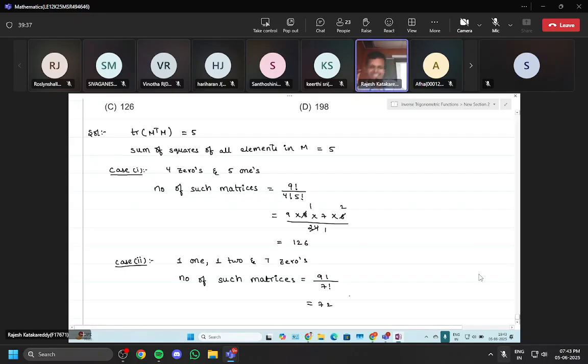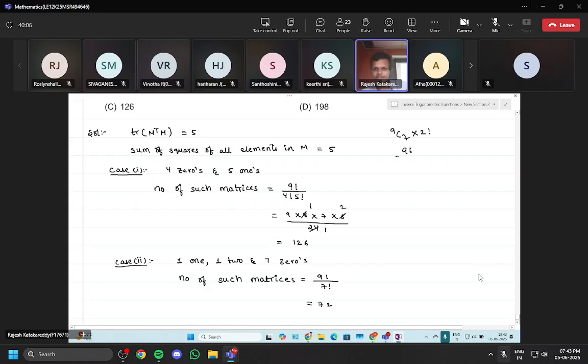9c7. See, first of all, if you are selecting 7 boxes out of 9, that is 9c7. Zeros you dropped. The remaining 2 boxes you are filling with 2 distinct elements, into 2 factorial. Same only you will get. If you write 9c7, there you will get 9c7 into 2 factorial.